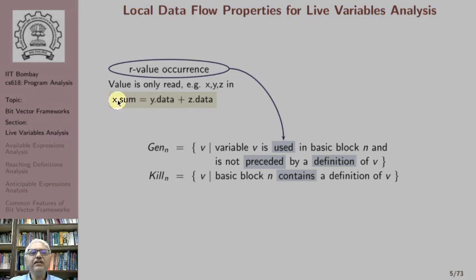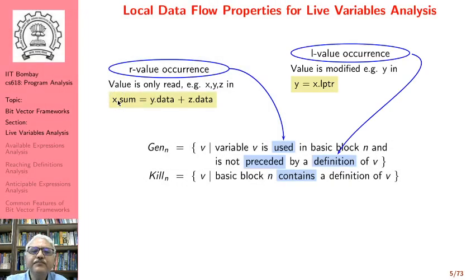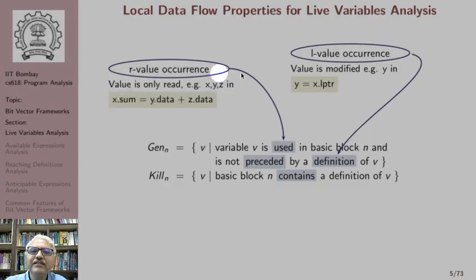So here the occurrence of x is actually an R value occurrence, although it appears on the left hand side. Then when we say definition, we say that it is an L value occurrence. So here the occurrence of y is an L value occurrence. So y is being defined here.